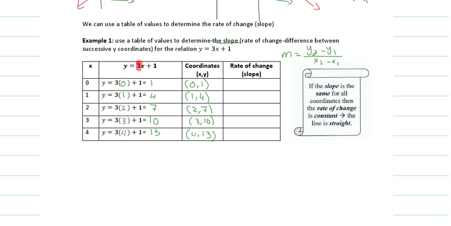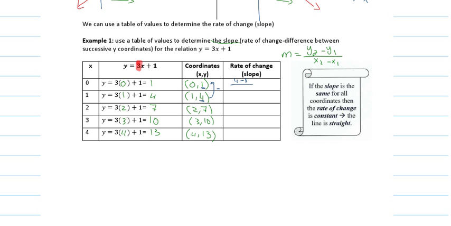Now, if you look at this, right here is your y2, right? This is your second y, and then this is going to be your y1. Okay? So I'm going to do 4 and then take away 1 from it. Make sense? So it's going to be 4, take away 1, divided by, what would be my x2?